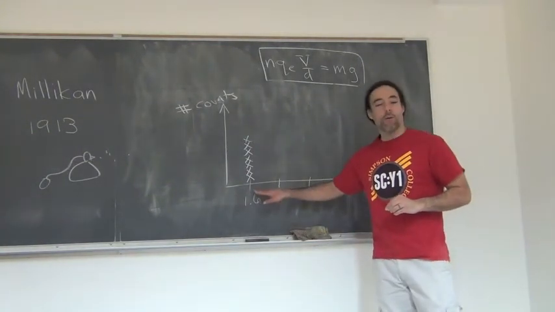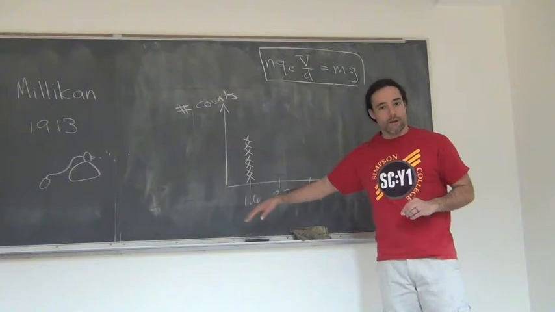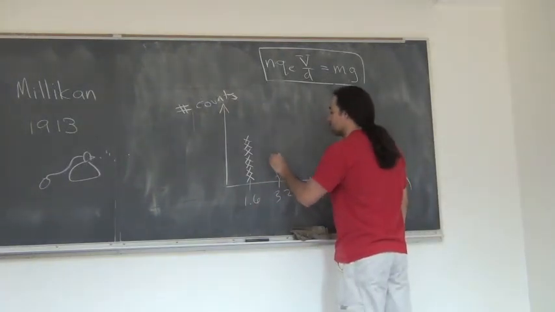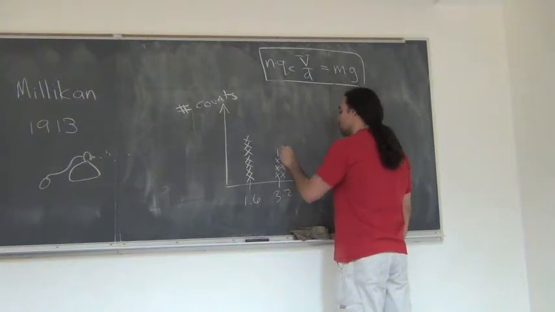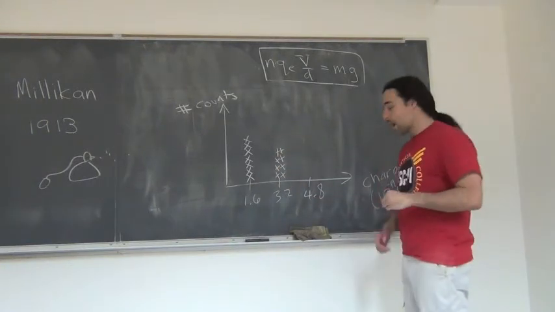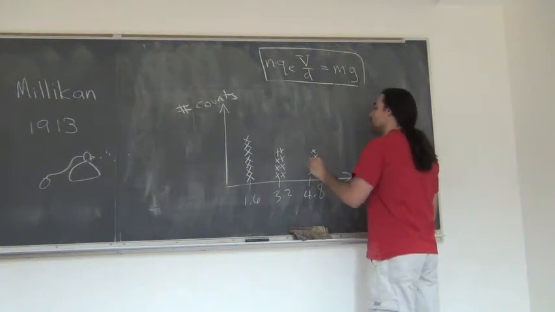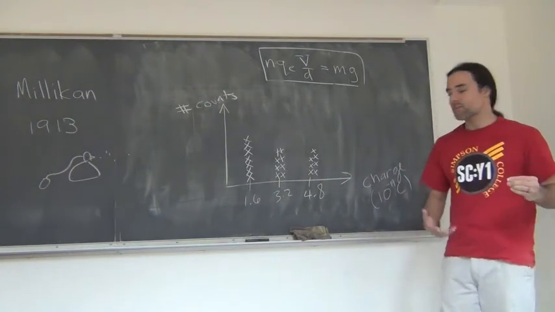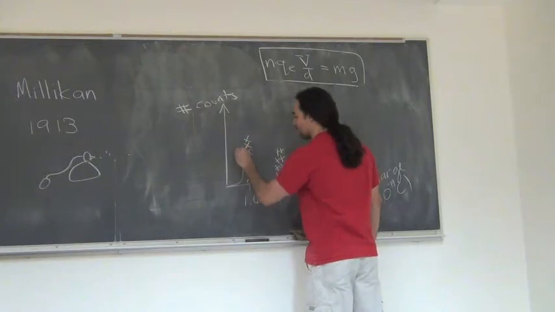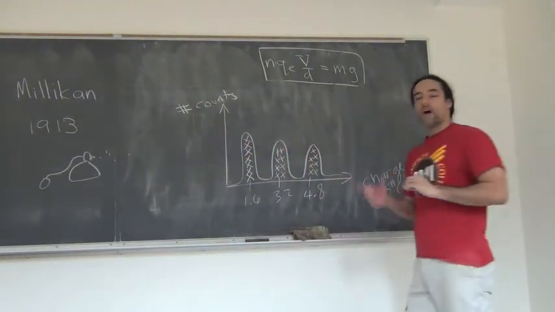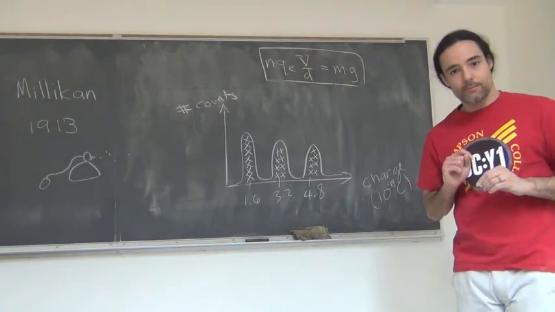And then he never got anything that was 1.7 or 1.8 or 1.9. The next number he got was 3.2. And then he got some oil droplets that had a charge of 4.8. And he built up this histogram. And the histogram looked like this, with humps that have even spacing.